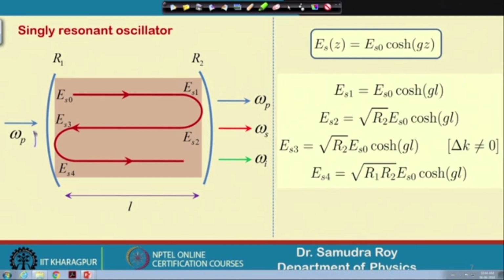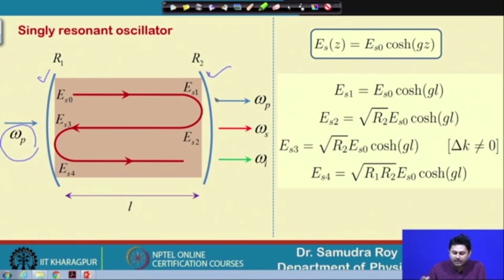This is the pump we are launching, and we consider the reflectivity here is R1, and the reflectivity of this mirror is R2. We know our electric field for the signal is evolving with this expression: Es0 cosh(gz).